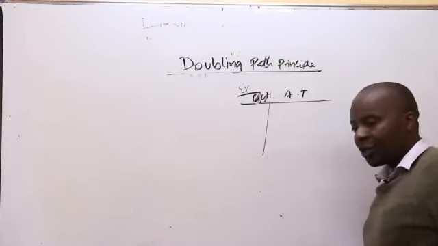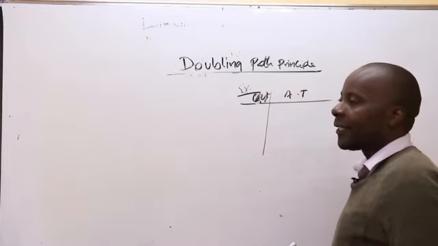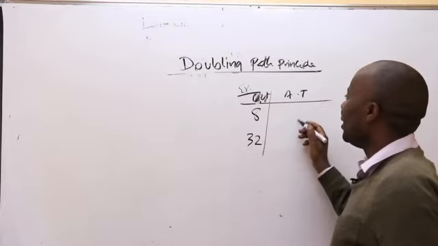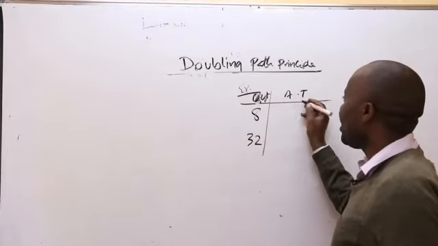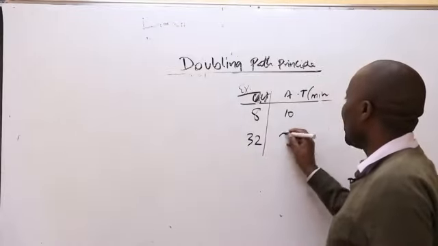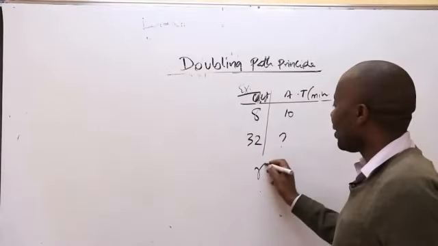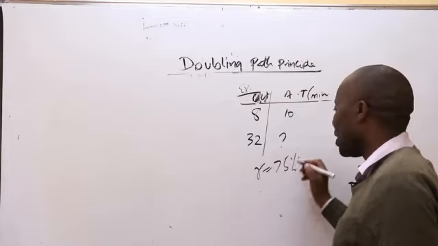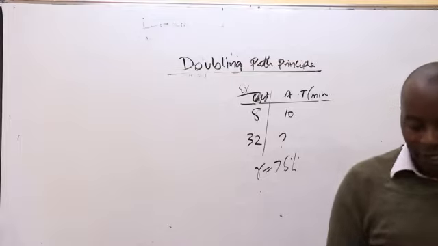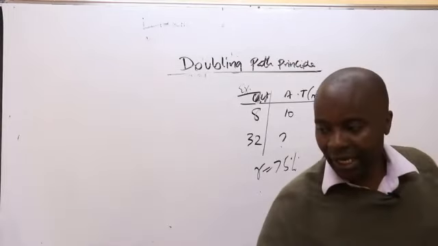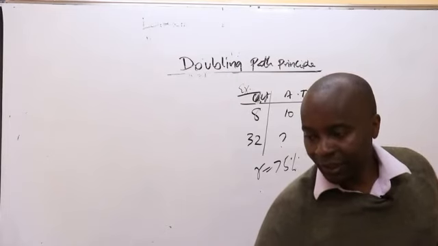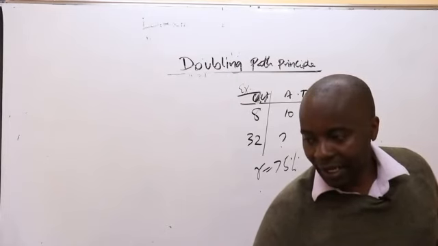Here they have given us 8 and 32, and the average time here is 10 minutes. They want us to assume that R this time round is 75%.